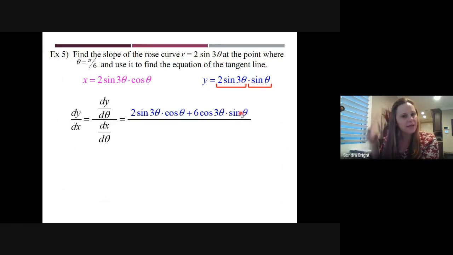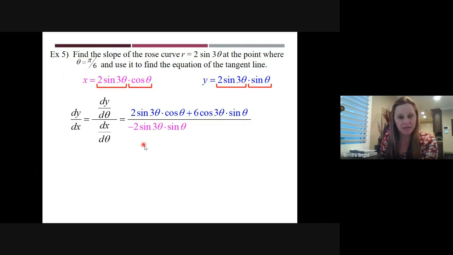You need to do the same thing with x, taking the derivative of x with respect to theta. Again, you've got product rule happening. So I'm going to take the first guy, 2 sine of 3 theta, and leave it alone, and then times the derivative of cosine. The derivative of cosine is negative sine, so I threw that negative in front. It was truly a positive 2 sine of 3 theta times negative sine, and I just pulled that negative out front.